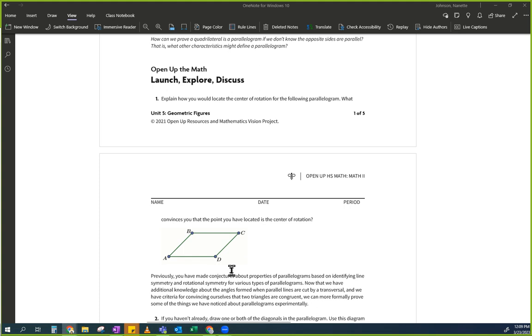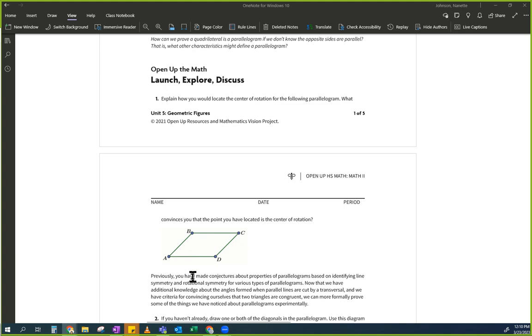And if you put it on your desk and you spun it around that point, it would land exactly like this, except your letters were shuffled. Does that make sense? Or if you want to do a complete 360, then you did a complete 360 and A lands right back where A is.